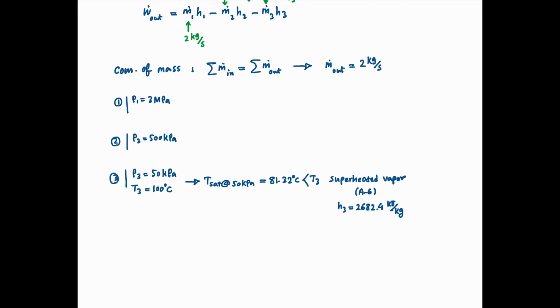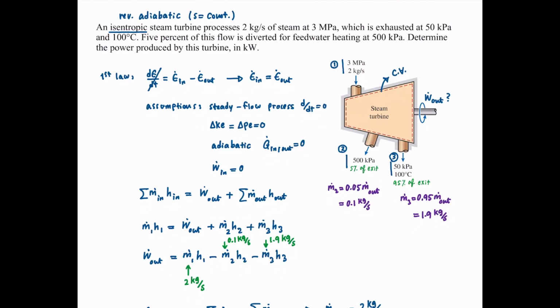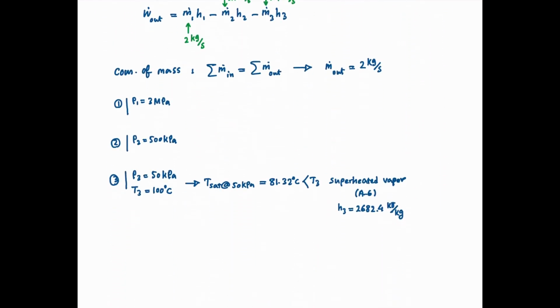So let's take a look at the givens. Problem says that it is an isentropic process, meaning that entropy remains constant. So if entropy remains constant, it means that S1 equals S2 equals S3. I'm going to read for entropy as well: 7.6953 kilojoule per kilogram Kelvin.